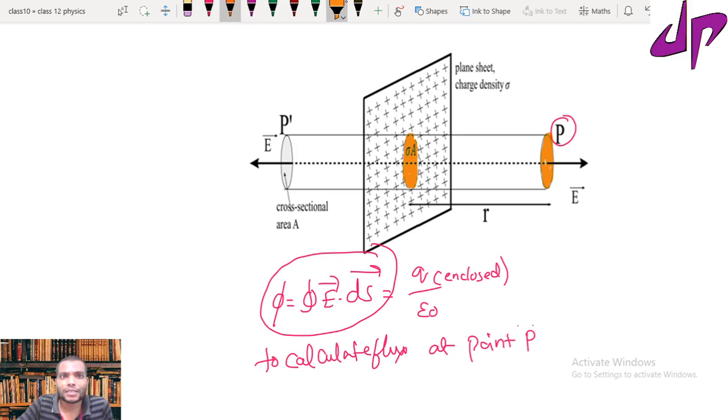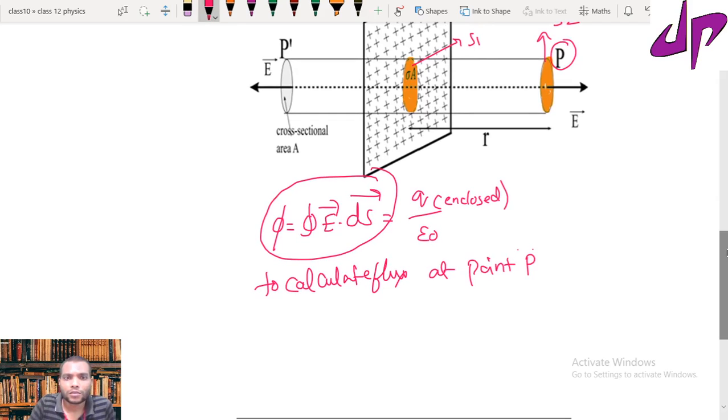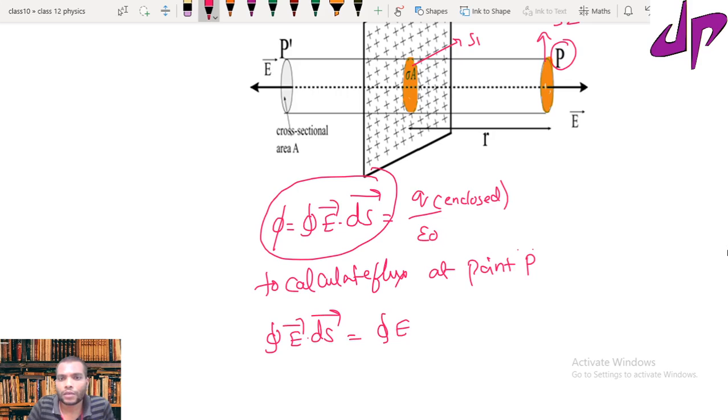Now if I mention that this is surface S2 and this is surface S1, I can write the total surface integral: closed integral of E bar dot dS equals closed integral of E bar dot dS1 plus closed integral of E bar dot dS2.